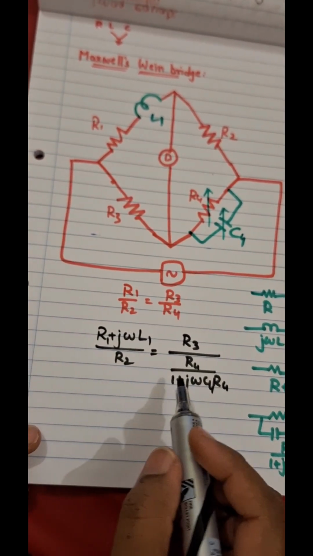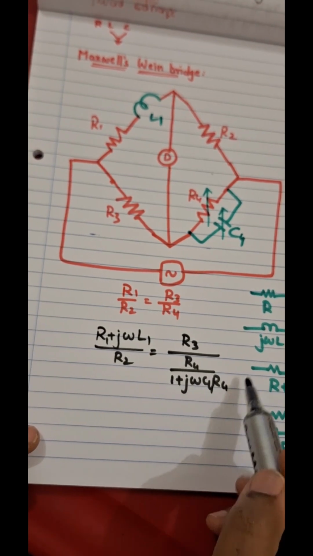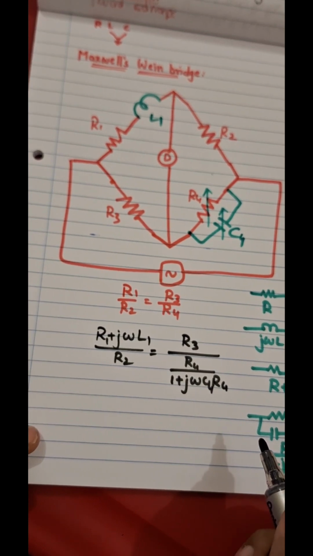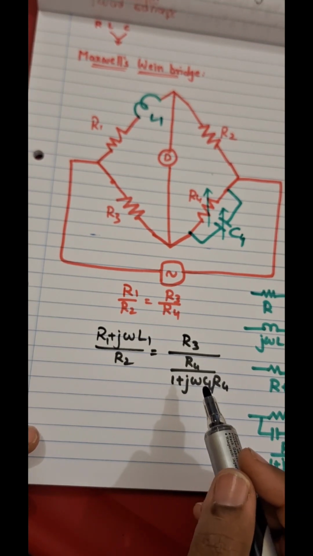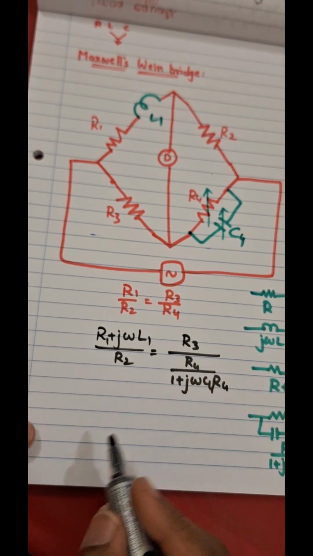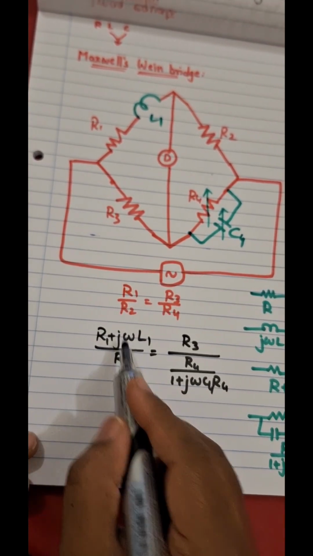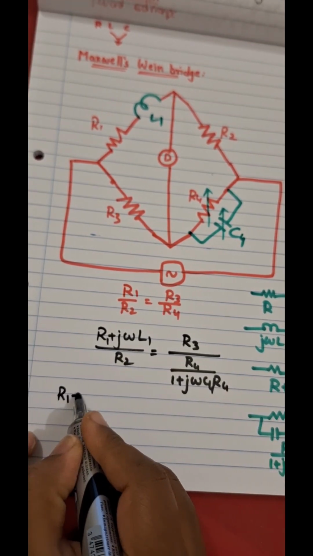Okay. So now let me send this to the numerator, because it is in the denominator. Or let me send the numerator to the denominator, that will be cross multiplication, which is very fine. So let us do that.